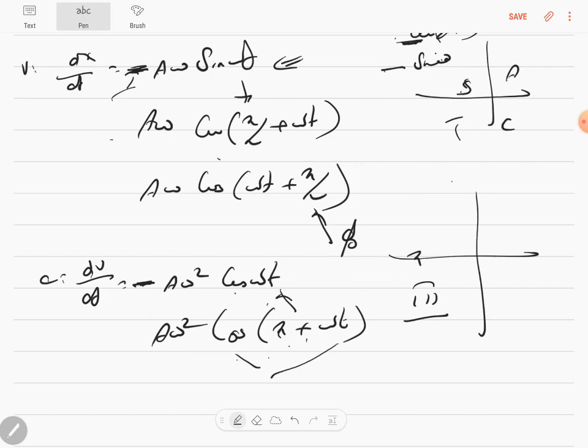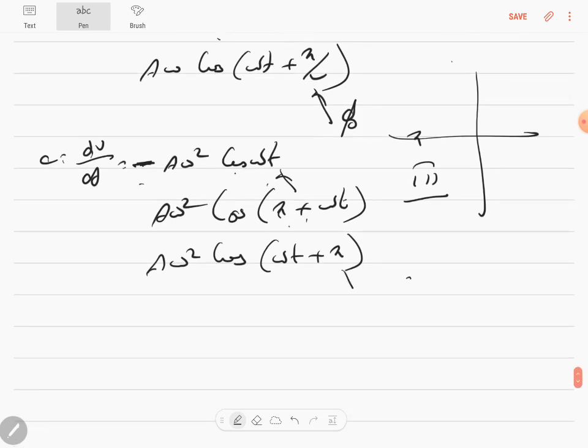Cos will remain cos and the answer will be negative. So it suits it. Are you clear? So then you can write it as a omega square cos omega t plus pi, from which you know the phase difference here, phi naught, is pi radian, 180 degree.